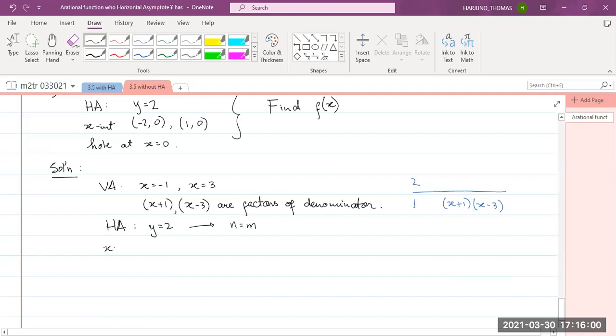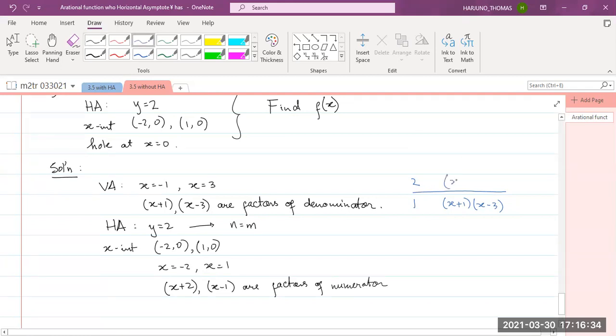Then we have x-intercepts (-2, 0) and (1, 0), which means the zeros of the numerator are x equals -2 and x equals 1, which implies x plus 2 and x minus 1 are factors of the numerator. So we have x plus 2, x minus 1.